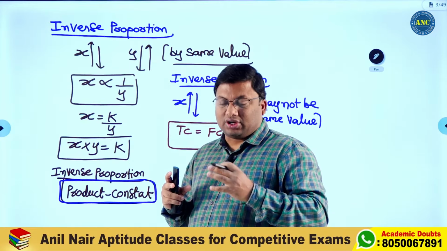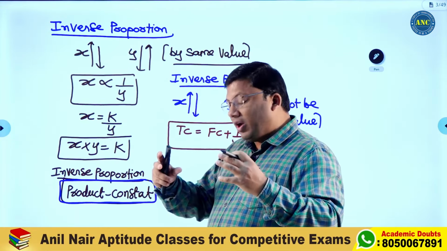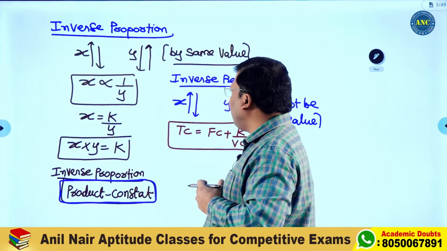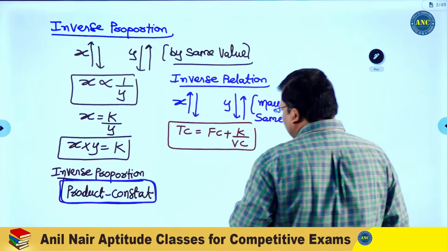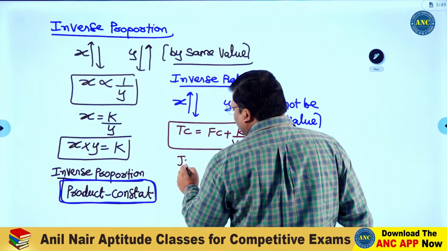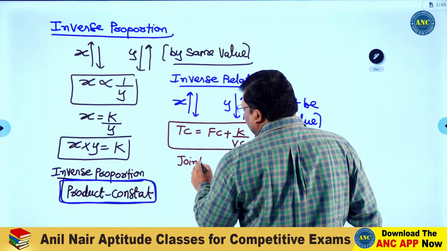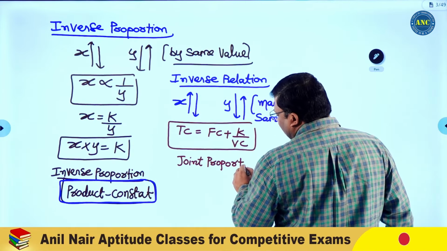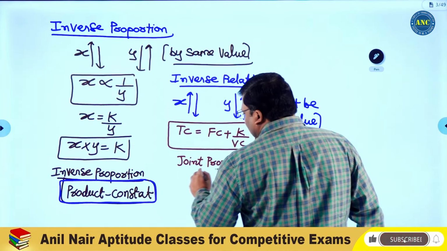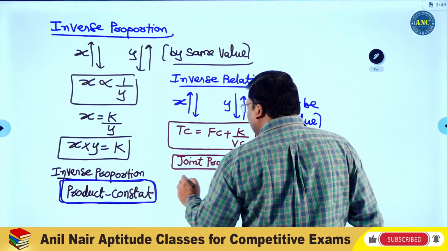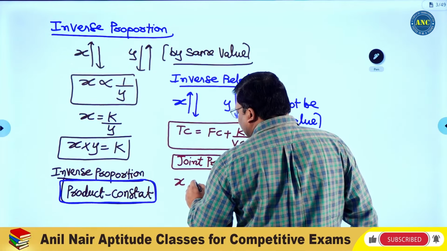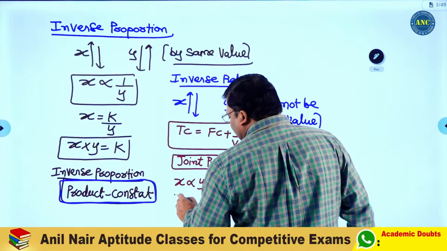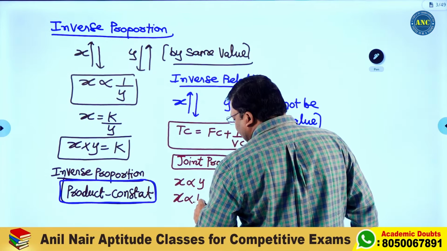In inverse proportion, x doubles, y becomes half; x becomes 3 times, y becomes 1 by 3 times. Then we have something known as joint proportion. A joint proportion can be a combination of two things: x increases, y increases; x increases, y decreases.